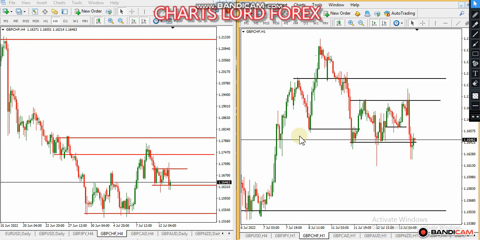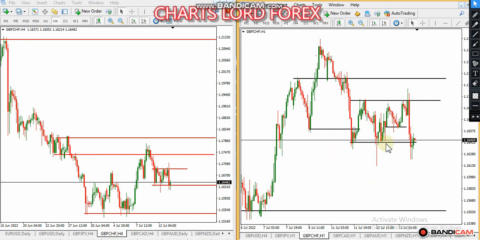I always love to use two time frames for my analysis, so that I can see exactly what is happening in the universe above, that is the higher time frame, then one step lower, the immediate lower time frame, to see the little details of what the 4 hours is saying.